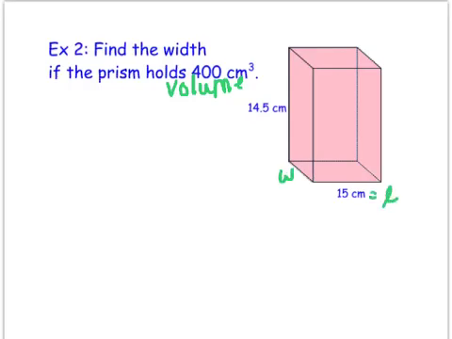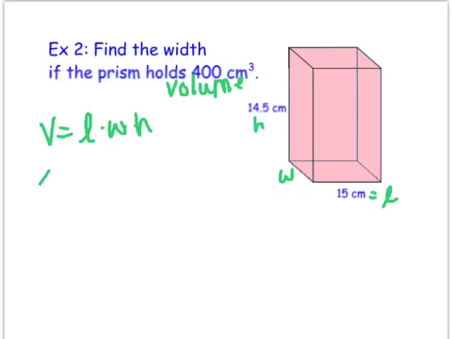Now my width is what I'm looking for, and this is my height. First thing I'm going to write is volume equals length times width times height. Now let's fill in what we know. It gives us our volume, so where I see this 400 centimeters cubed, I'm going to put that here.